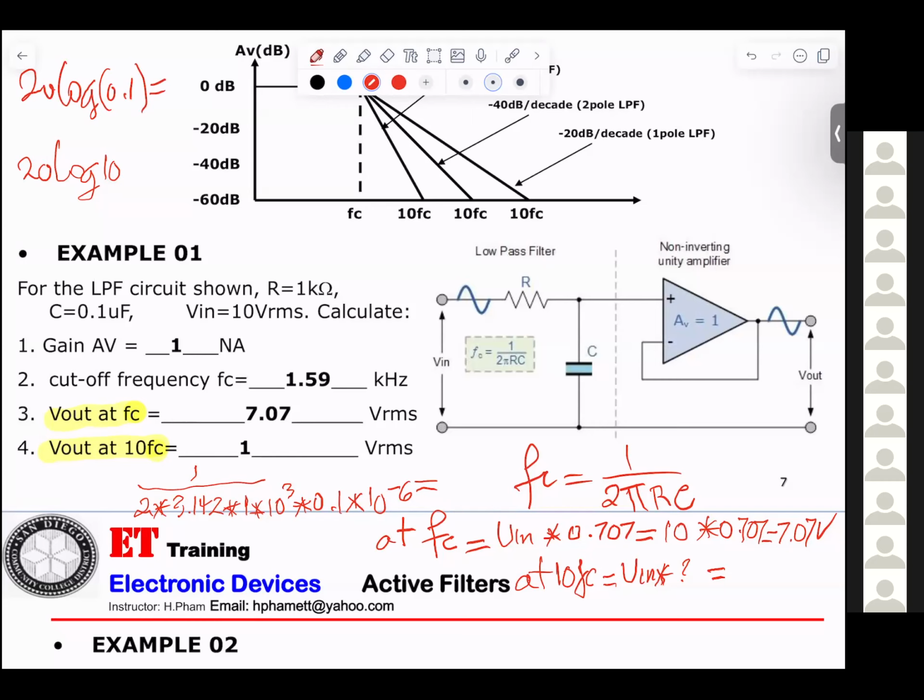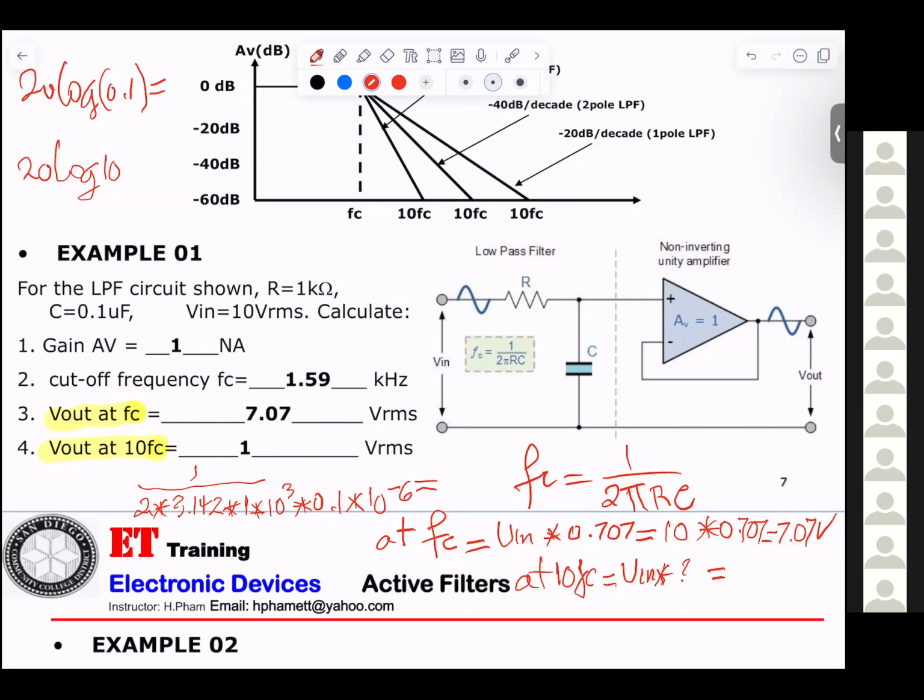Wait a minute, hold on. Is it negative 20?